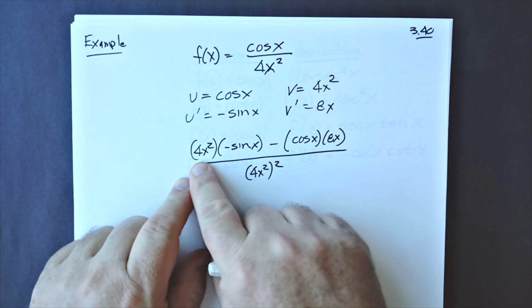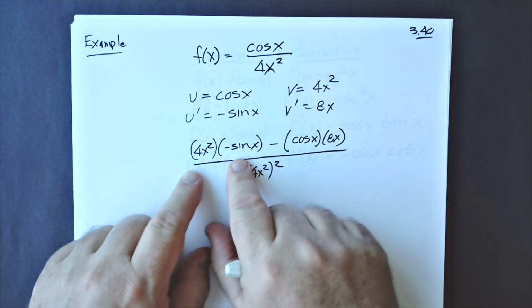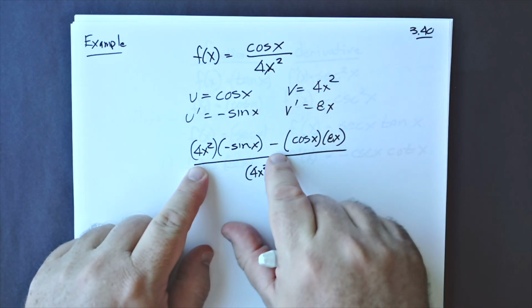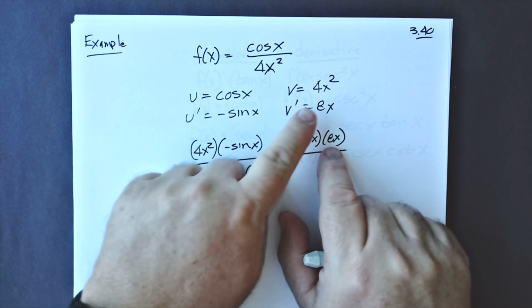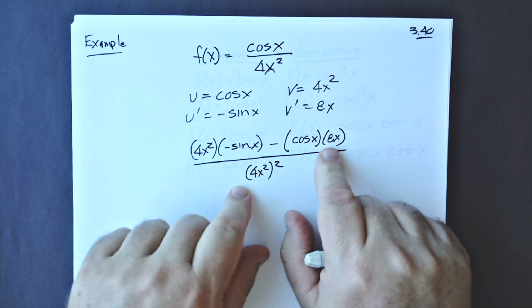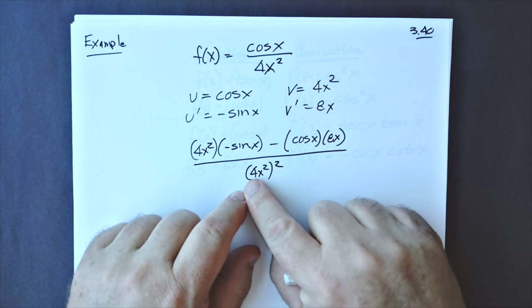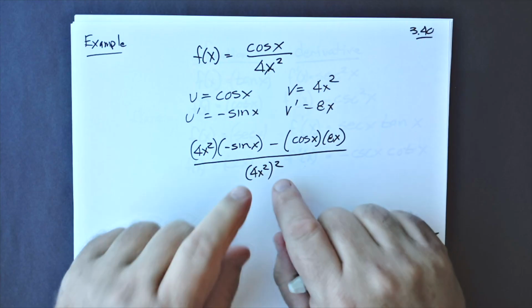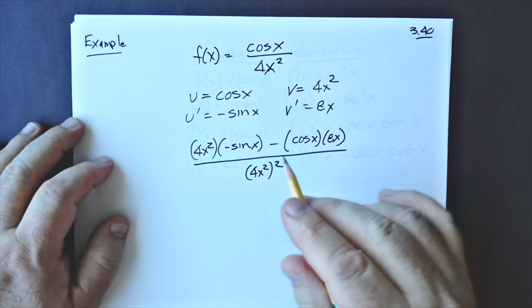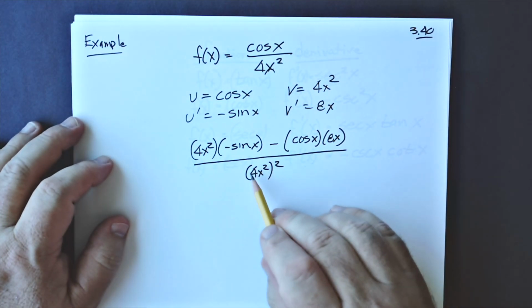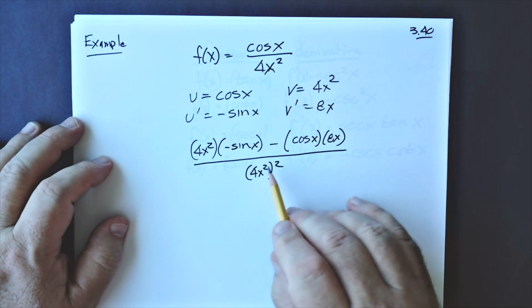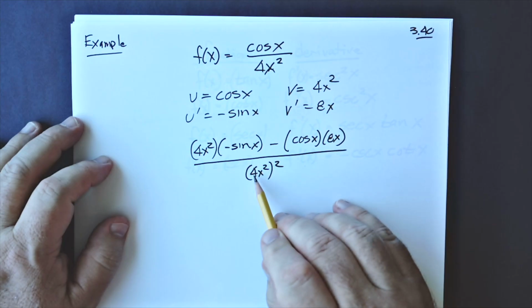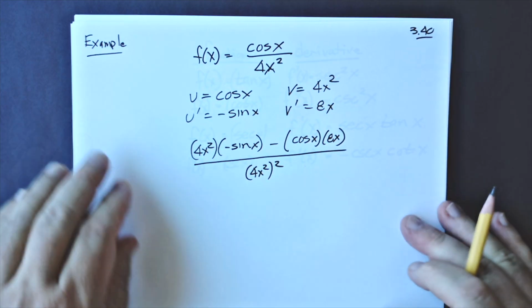So here's v u prime, minus, remember it's minus with the quotient rule, u v prime. And that whole thing is over v squared. So 4x squared, squared. And remember, if you multiply that out, my friends, everything in here is squared. So some friends might want to say, oh, it's just 4x to the 4th. No, in this case, if you did that, it would be 16x to the 4th, right? So just remember that.